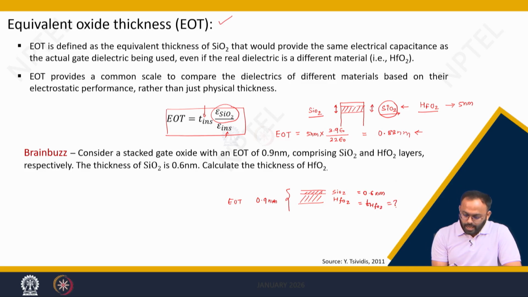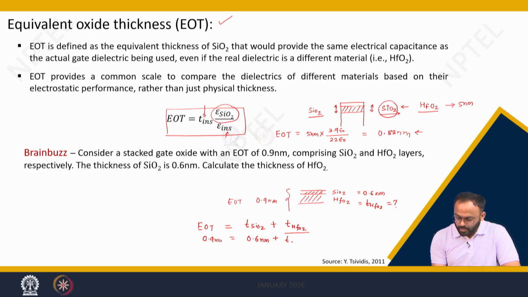By considering the analysis of effective oxide thickness, I can simply write that the total thickness of the oxide is nothing but the silicon dioxide layer thickness plus the thickness of HfO2. This value is given as 0.9 nanometer and this is given as 0.6 nanometer. Again, this thickness of HfO2 is the equivalent thickness, not the physical thickness.